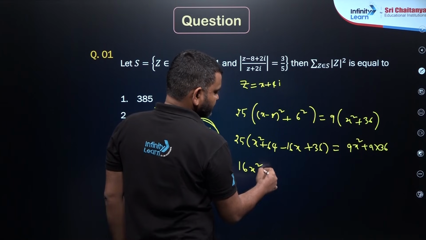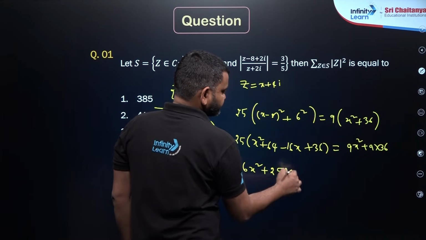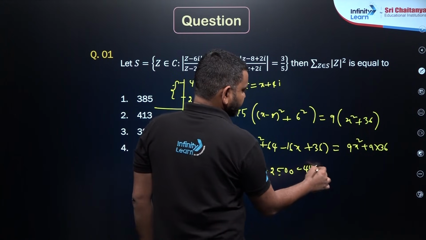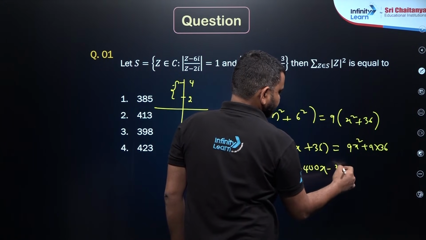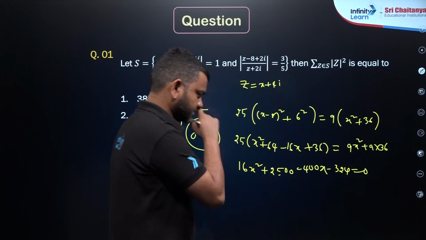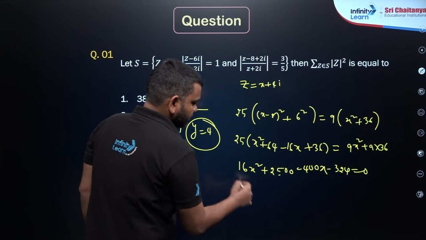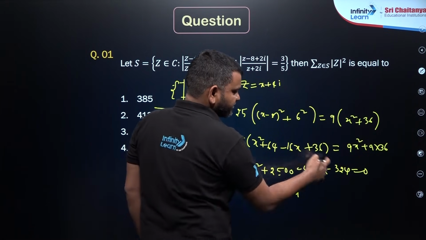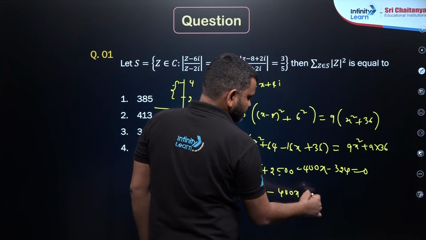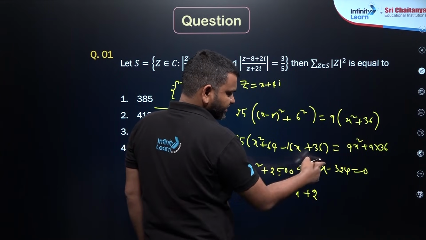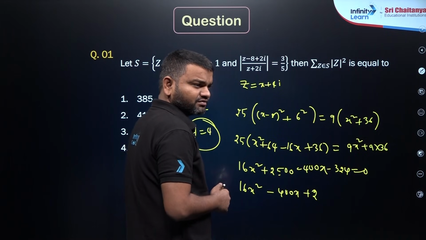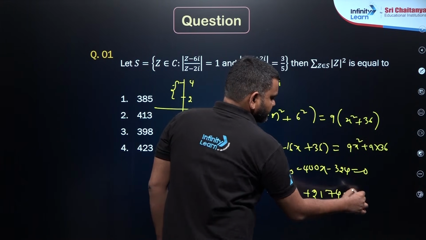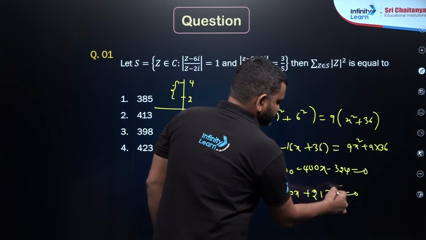So on the left side, I am going to have 2500 and minus 25 into this, so minus 400x, minus 324, equal to 0. So 16x square minus 400x, and 2500 minus 324 is going to be 2176, right?